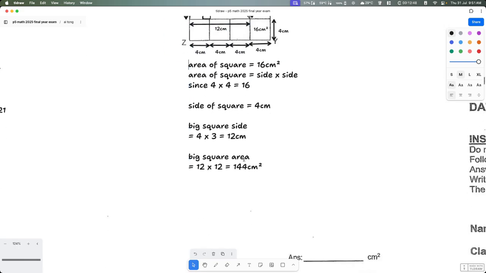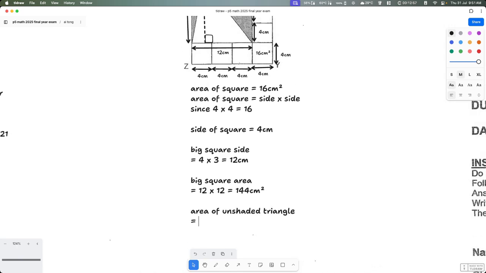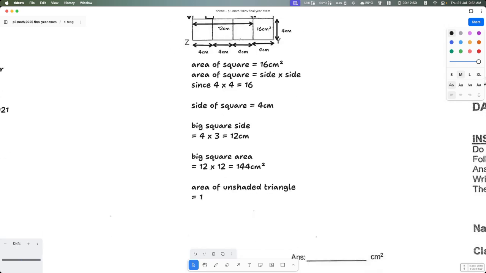So the area of the unshaded triangle is equal to half times base times height. Since the base and height are the same, it's half times 12 times 12. And what would this give us? Half times 12 is 6, times 12 gives us 72.